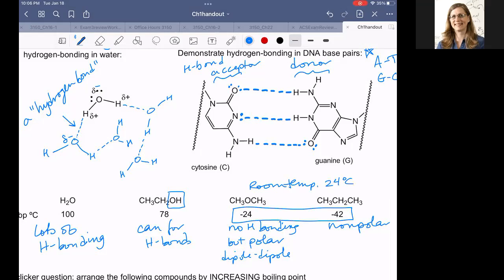So somewhere on the order of 20 degrees is room temperature. So if these have negative temperatures where they will boil, that means at room temperature they're what state? They're going to be gases. They're going to be a gas at room temperature.